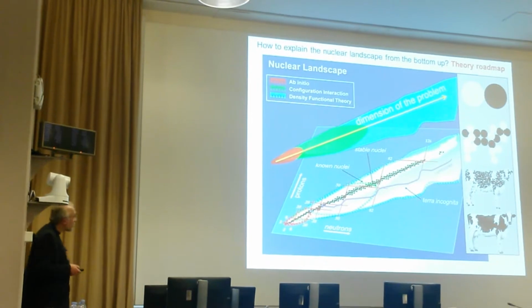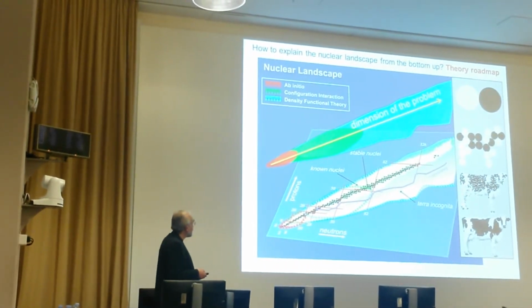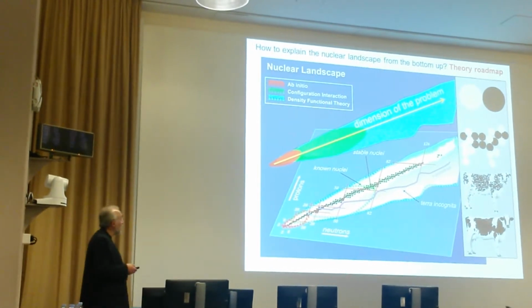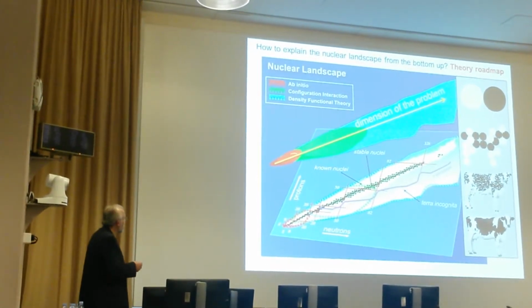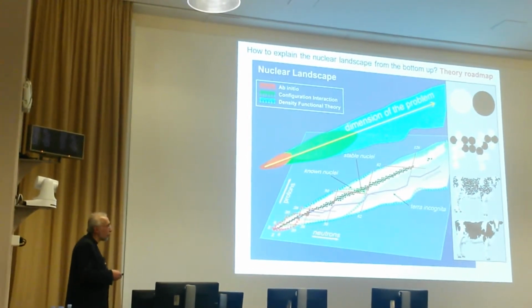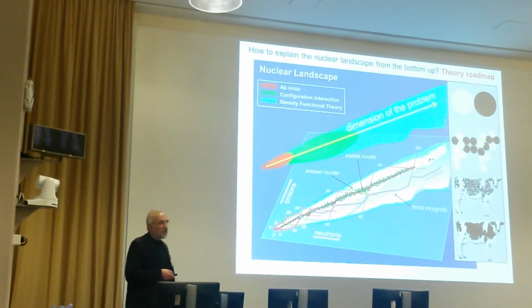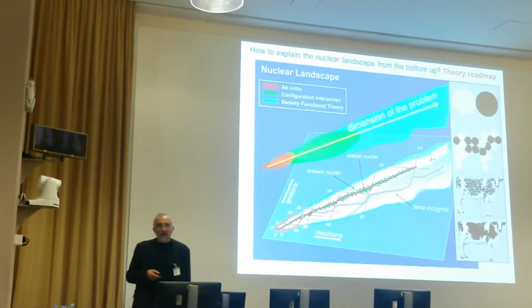And this is how those various approaches actually explain the nucleus. If you do have ab initio calculations, you can understand the nucleus in its full glory, with its mass and excited states and transitions and currents and whatnot.